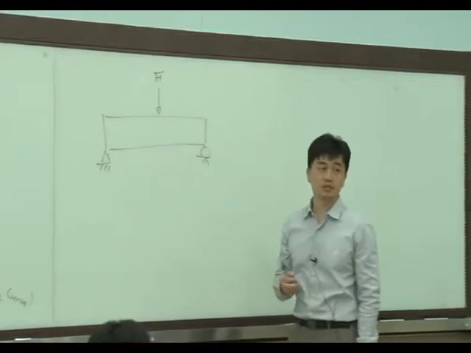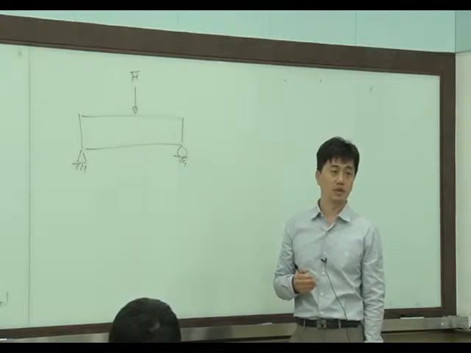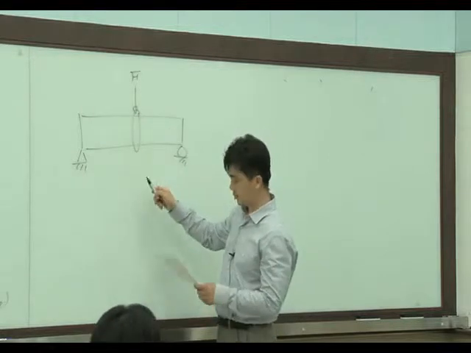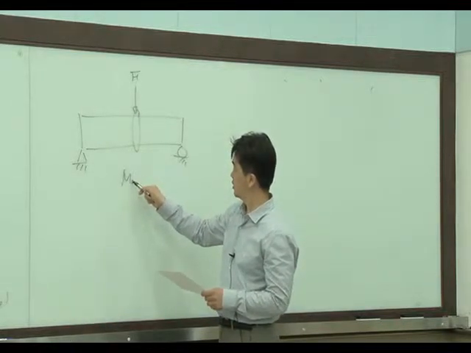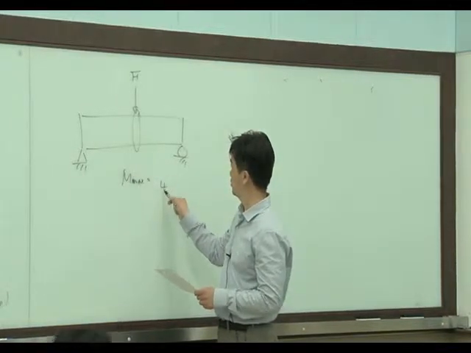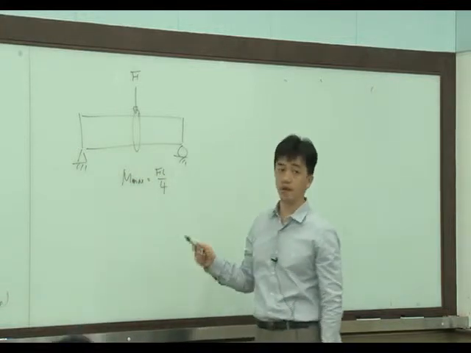So where is the place where the maximum bending occurs? Center, right? Here, maximum bending, M max, will be FL over 4, right? L is the length of the beam.